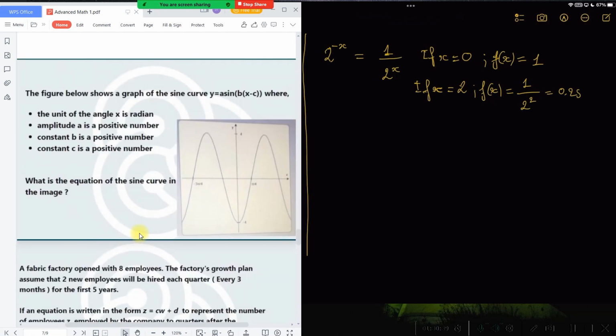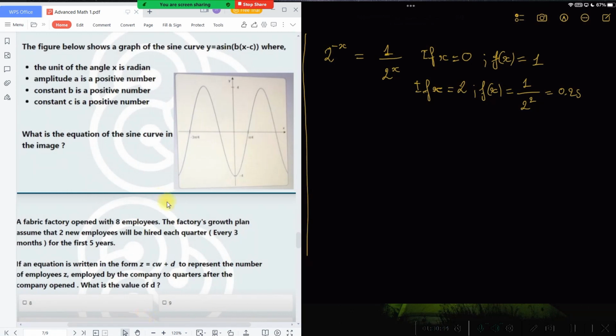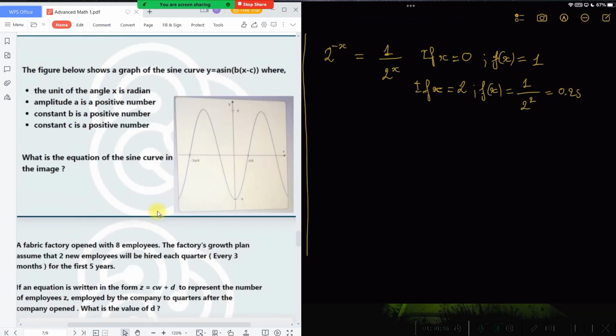Okay, what do we have here? Oh, sine function. The figure below shows a graph of the sine curve y equal to a sine of b times x minus c, where the unit of the angle x is radian.